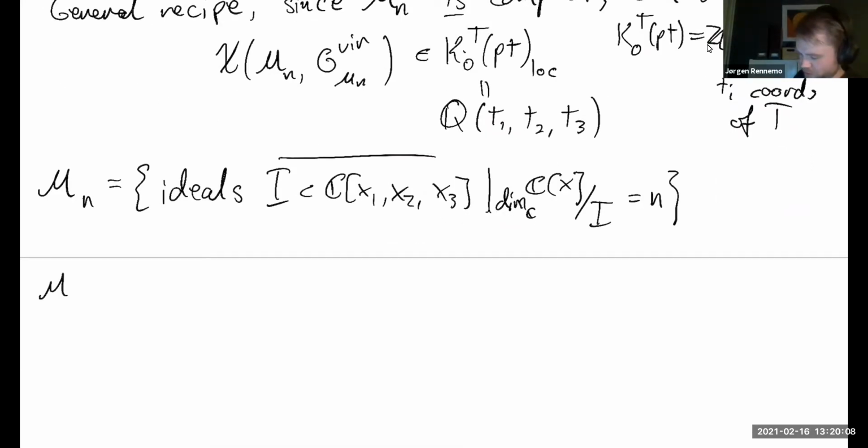And then the fixed point locus: an ideal which is fixed under all rescaling of all parameters is the same thing as a monomial ideal, generated by monomials.